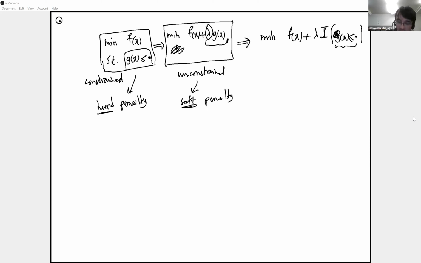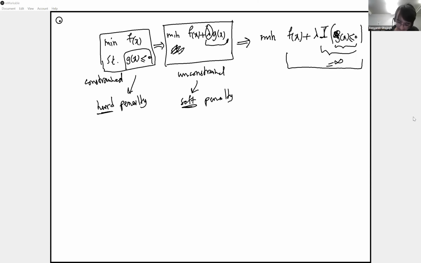Now, when g of x is less than or equal to 0, the indicator function becomes 0. That's why in optimization, when the constraint inside the indicator function is satisfied, it is 0, because I don't want to penalize that. But when it's not satisfied, let it be infinite.